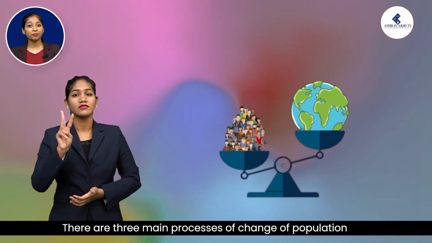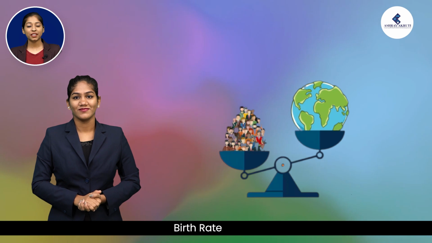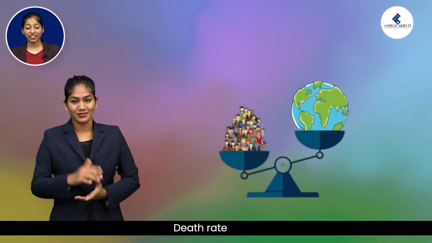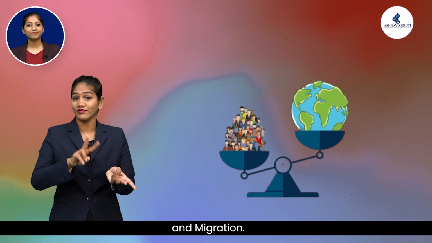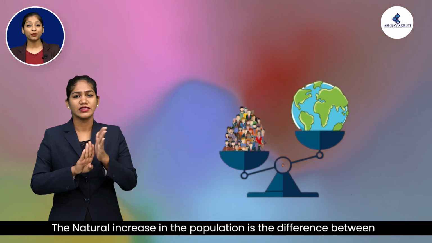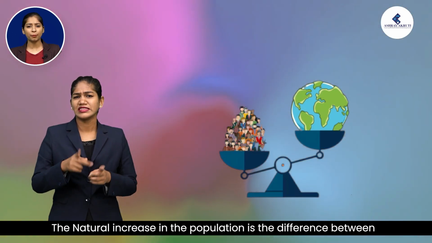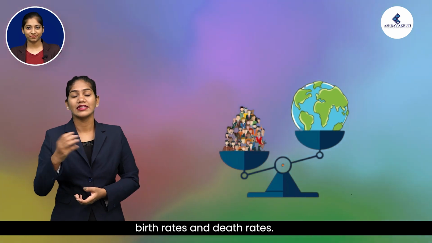There are three main processes of change of population: birth rate, death rate, and migration. The natural increase in the population is the difference between birth rates and death rates.